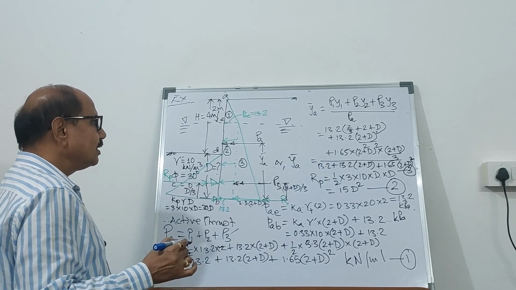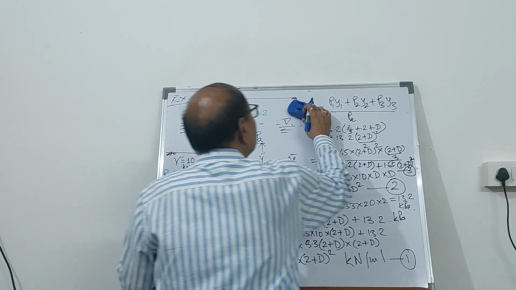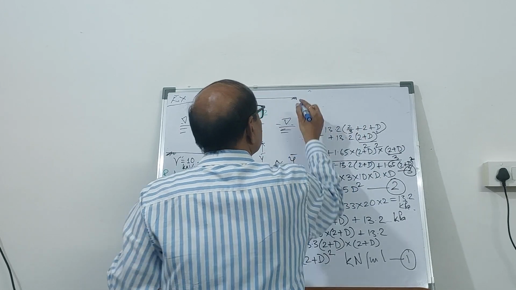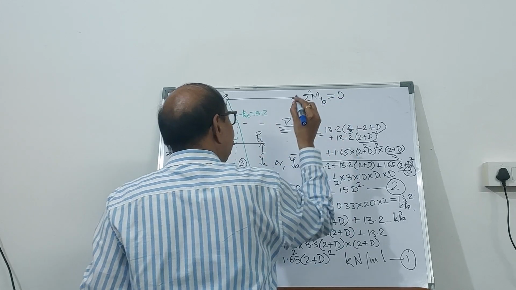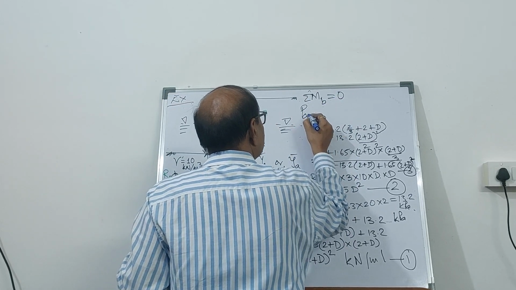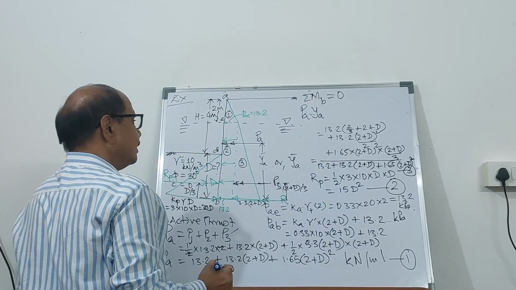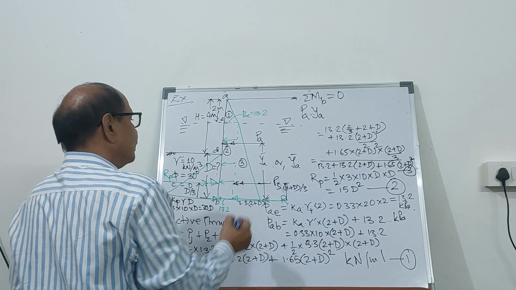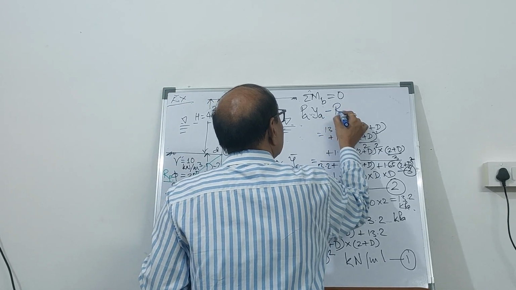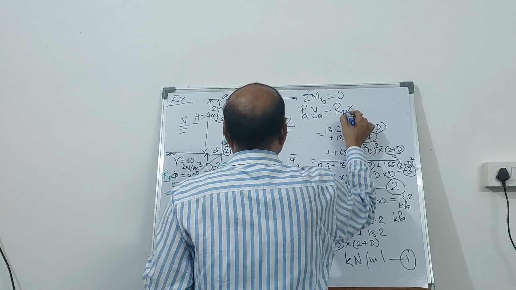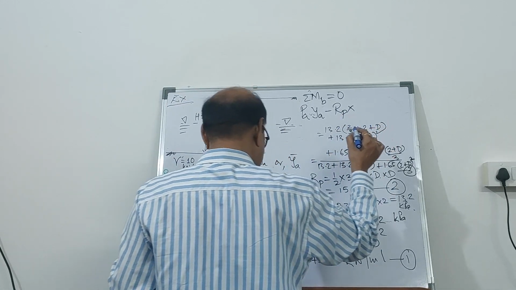Therefore, friends, if I take the algebraic sum of moments about the bottommost point, sigma MB equal to 0 will give me PA into YA bar. This will create an anti-clockwise moment, minus RP multiplied by D by 3.